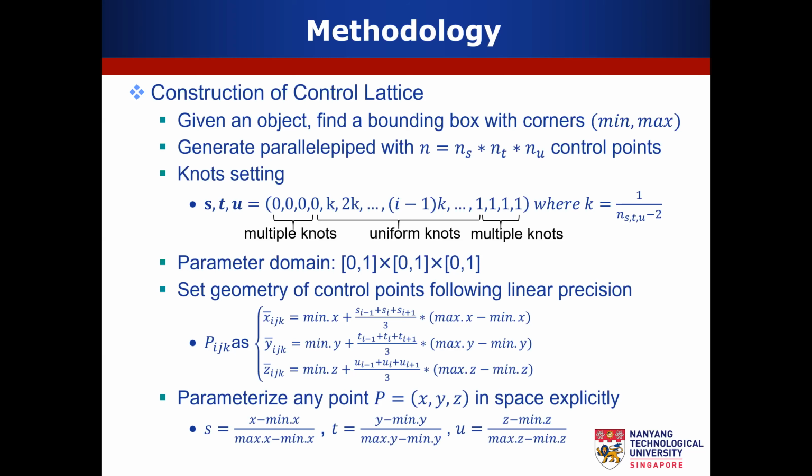So due to the special setup of the control points, the parameterization has the linear precision property. The parameter coordinate of any point contained in the deformation space can be explicitly obtained by the following equation, which is quite simple and easy to calculate.